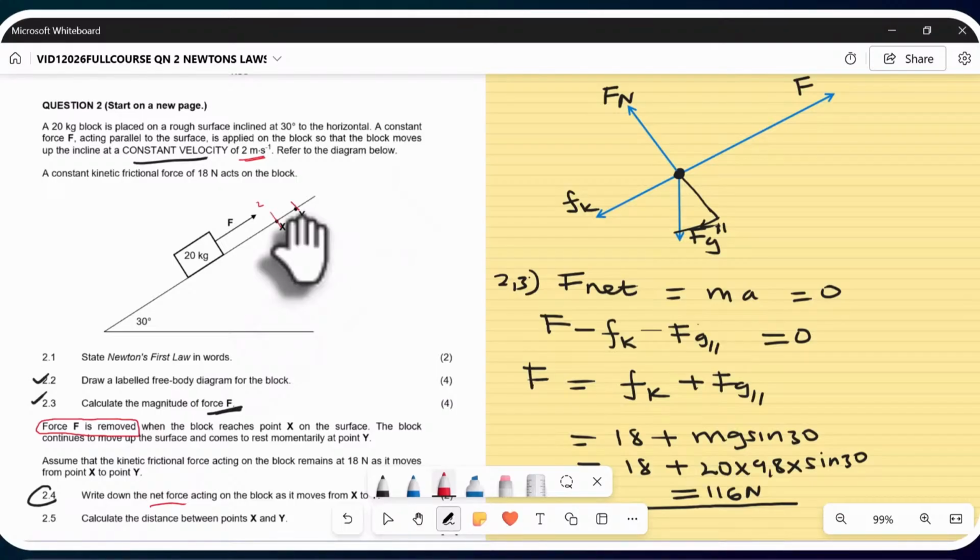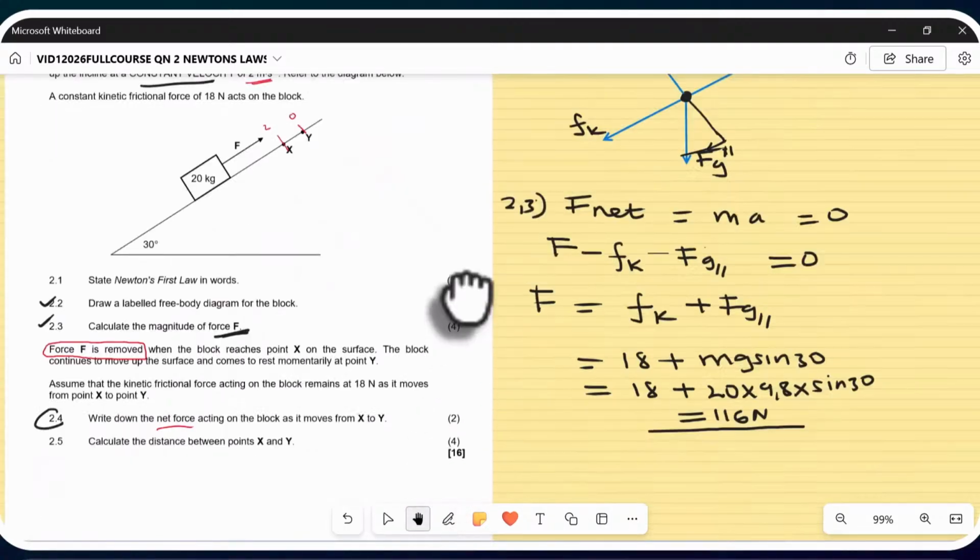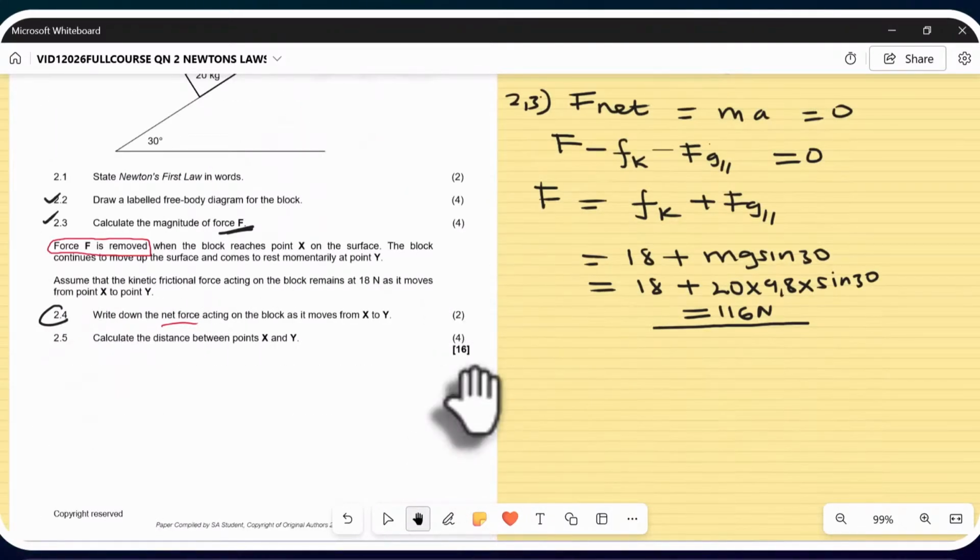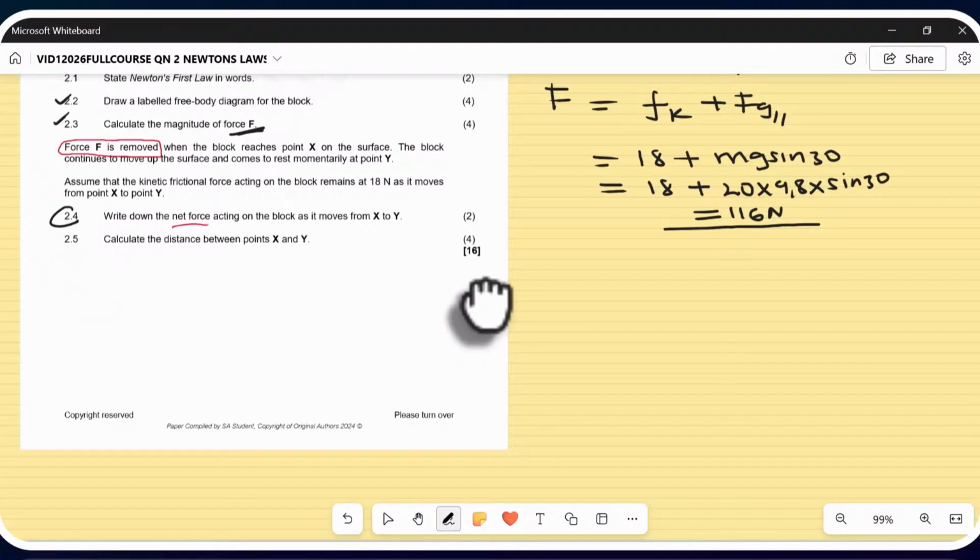Because of that negative, our answer is 116 newtons down the slope, or you can say downwards, meaning the opposite direction, because it is changing from 2 meters per second to 0. Then they say calculate the distance between points X and Y.